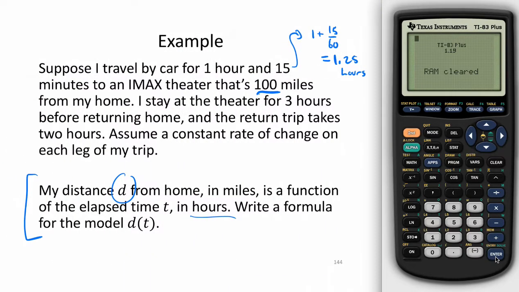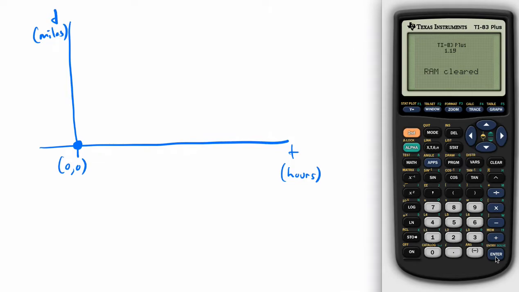Let's see, what kind of scale do I need on my t-axis? Notice that I'm at 1.25 hours here. I stay at the theater for 3 hours. That would take me to 4.25. And then the return trip takes 2 hours, so the whole trip is going to take me 6.25 hours. So I'm going to draw a little scale here on the t-axis.